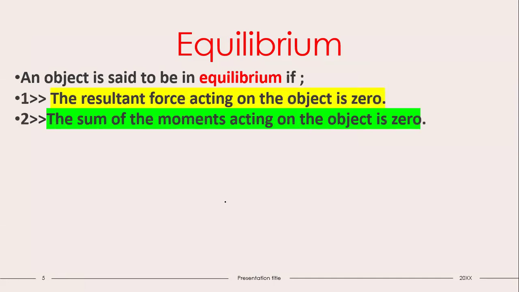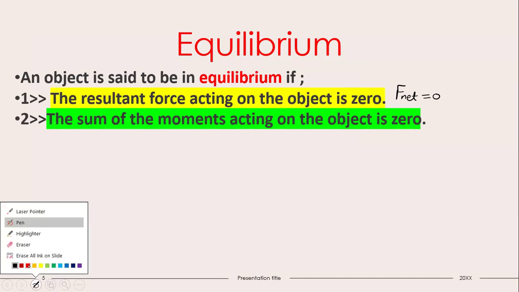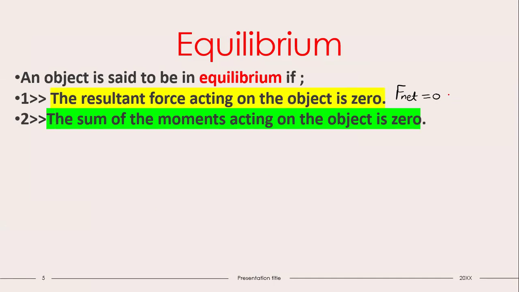The first one is, of course, the resultant force or the net force acting on the object should be zero, while the second condition is the sum of the moments acting on the object, or the net moment, should be zero.